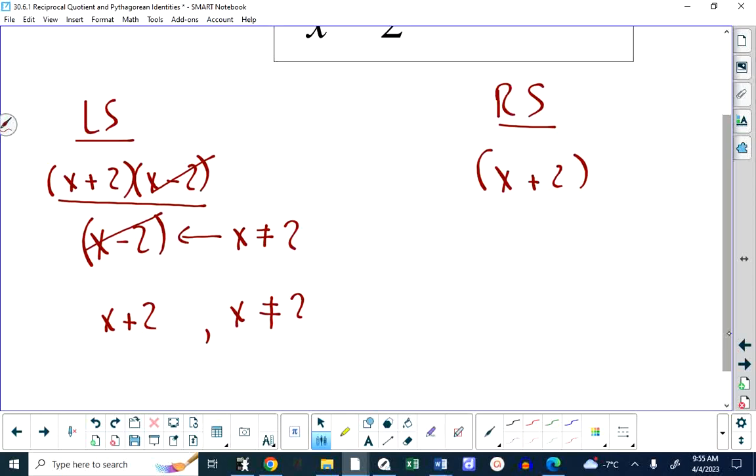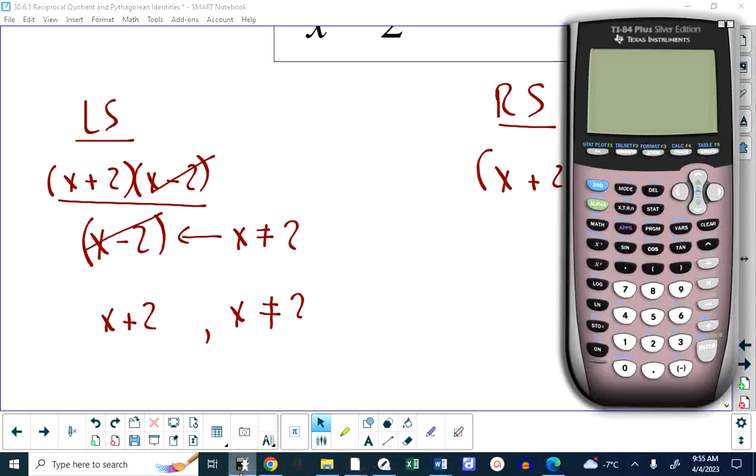And I don't want to go too far afield in our discussion here. We have a whole lesson on this kind of thing later on in the course. But these two things will be equal anytime permissible values are the numbers we're talking about. Let me show you this on the graphing calculator. For the left side, y1, I'm going to put in (x squared minus 4) over (x minus 2).